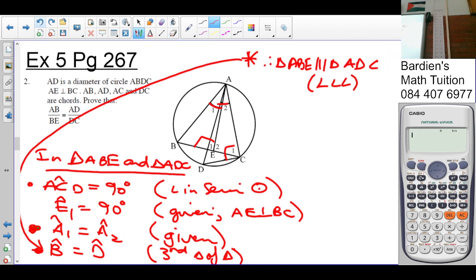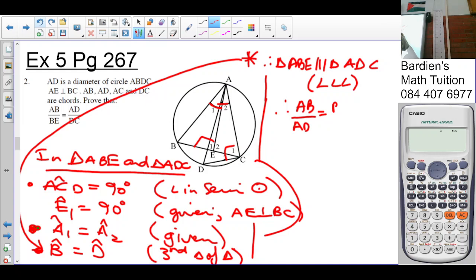You all with me? Alright, so what can we conclude now? You can say therefore AB over AD is equal to BE over DC equals AE over AC. Why? Sides in proportion.